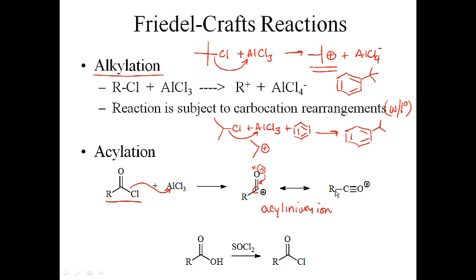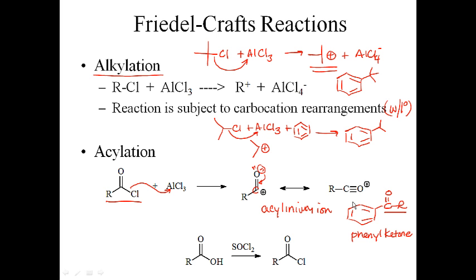Now, it's the carbon that is the electrophile, and that's what's going to add to the benzene ring. So in the end, if I do Friedel-Crafts acylation, I'm going to attach a carbonyl group and make what is called a phenyl ketone.